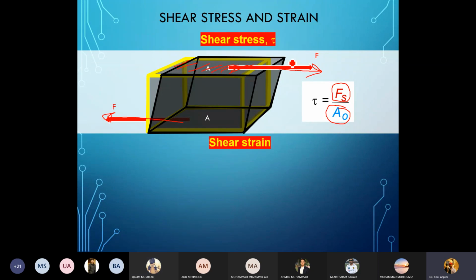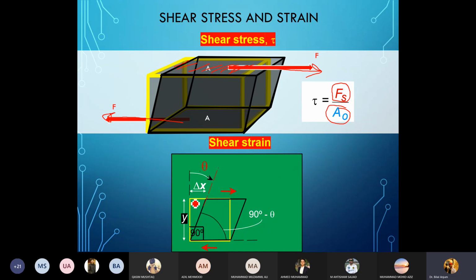So if the shear stress is clear, how do you define shear strain? This yellow block is essentially showing the original sample. The black is the distorted one.